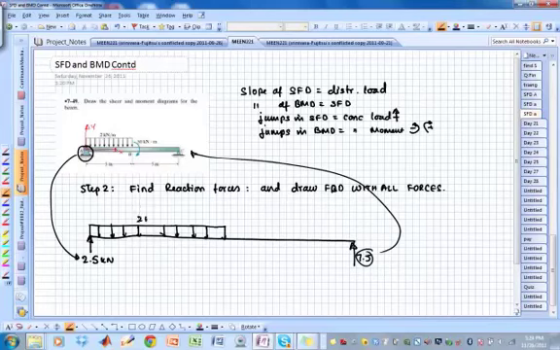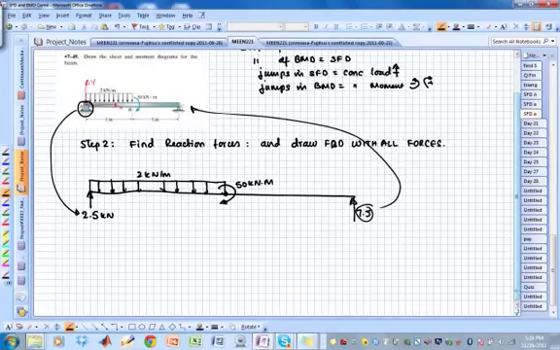This is 2 kilonewton per meter. And then there is a concentrated moment, and that's 50 kilonewton meter. Notice that it is clockwise, so it is going to jump up. Okay, so that's our free body diagram.